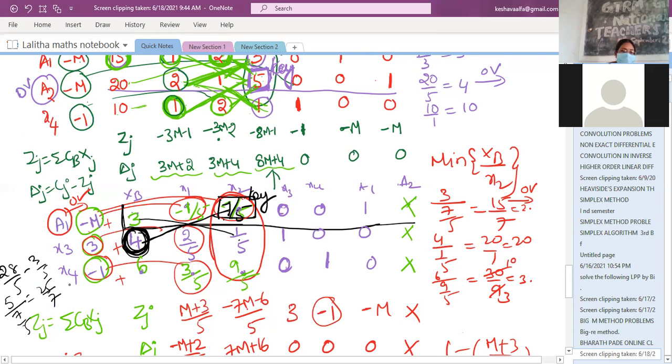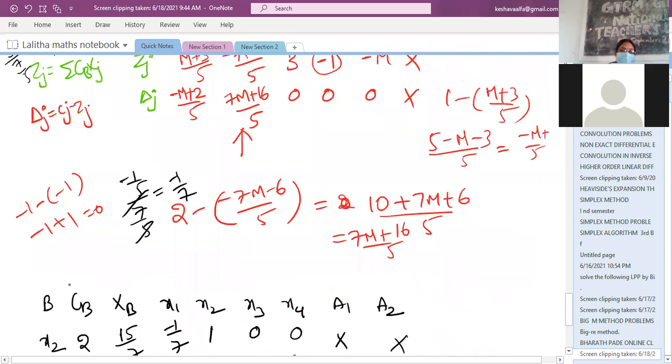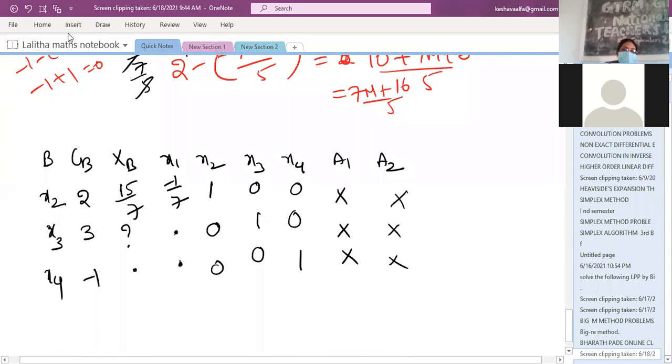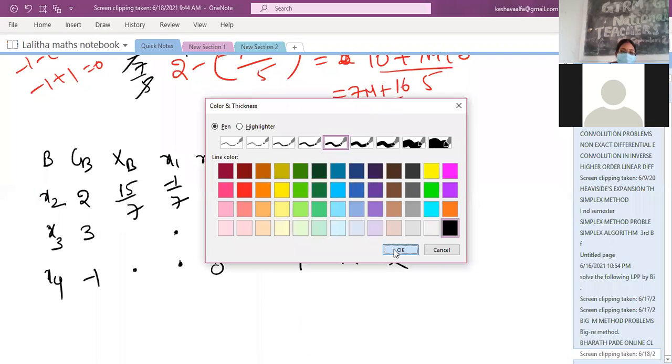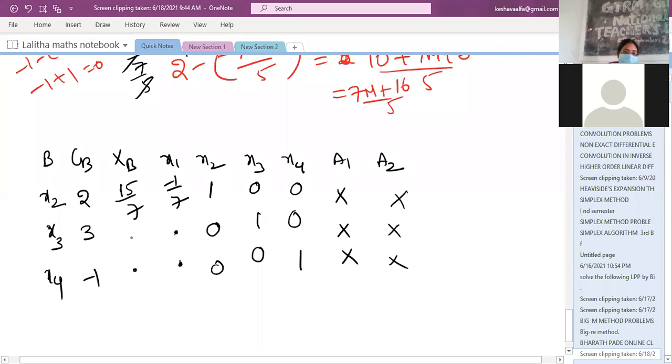We get 25 by 7. Understood? This value is 25 by 7.